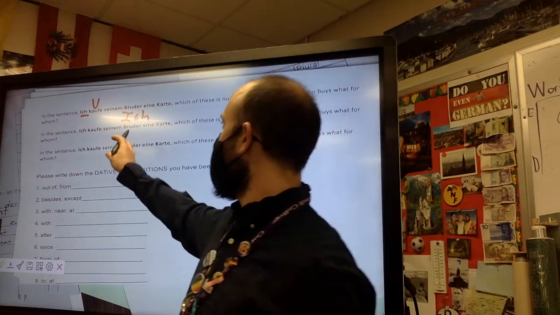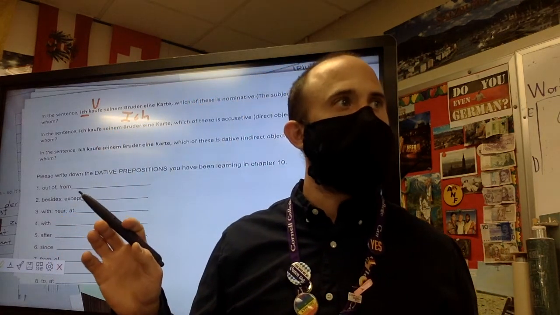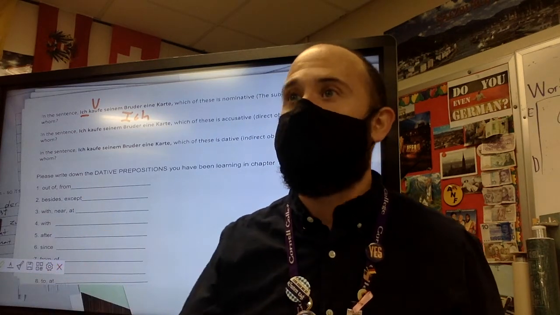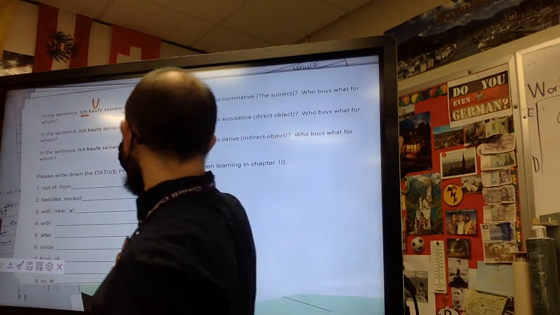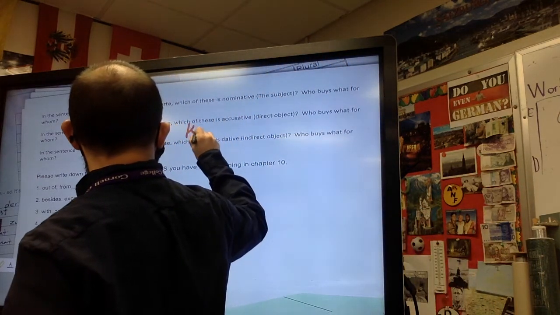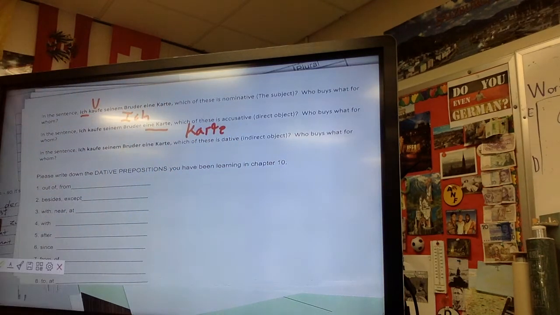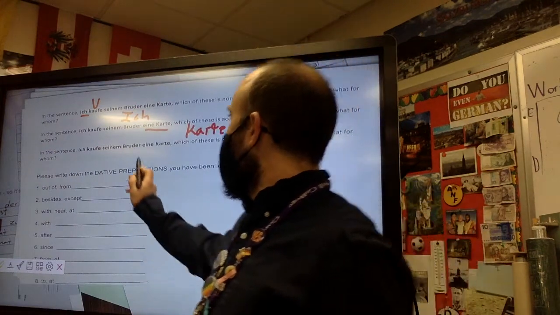So we have two left, Bruder und Karte. Who or what is being given or being bought? Karte. The Karte is the direct object. It's the accusative thing. Sorry, there are two words for the same thing. Which leaves us with Bruder.